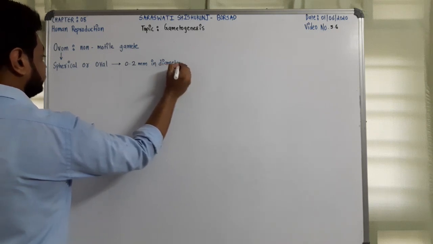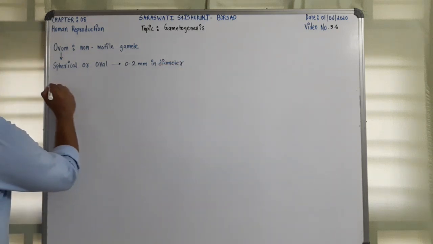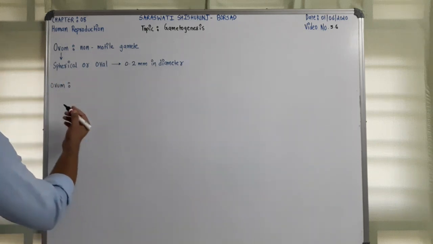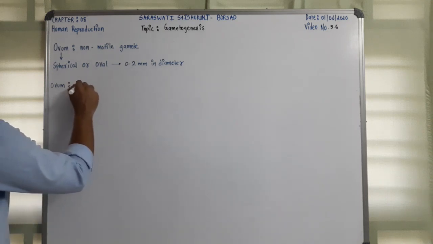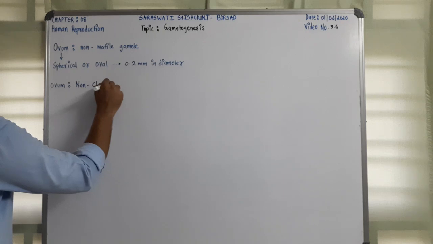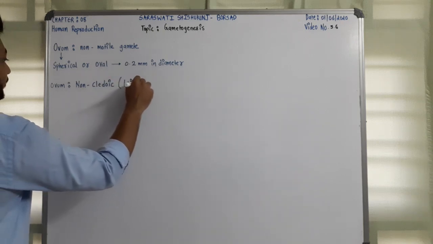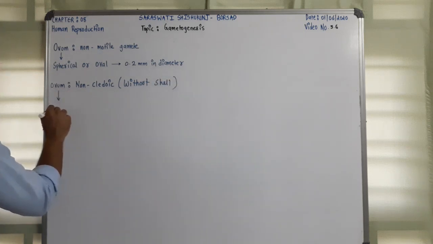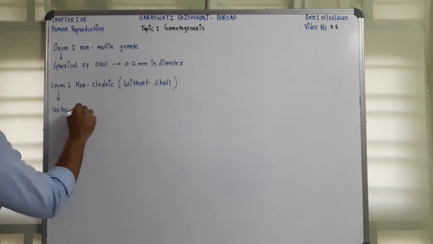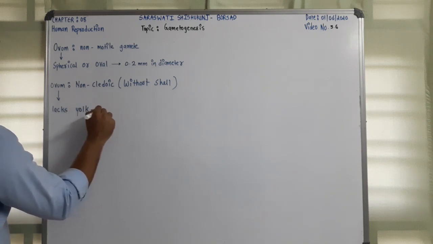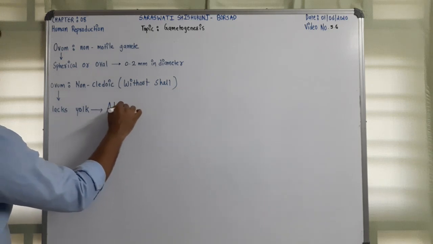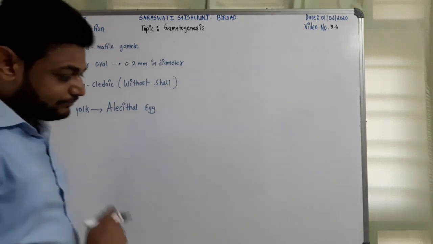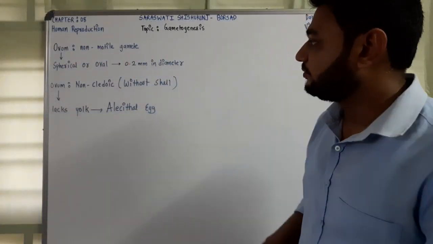Okay, the ovum is not surrounded by a shell, right? So this ovum is referred to as non-cleidoic. Non-cleidoic means without shell. As well as this, it lacks yolk, and that is why it is called an alecithal egg. Okay, so this is the first basic information about the ovum.